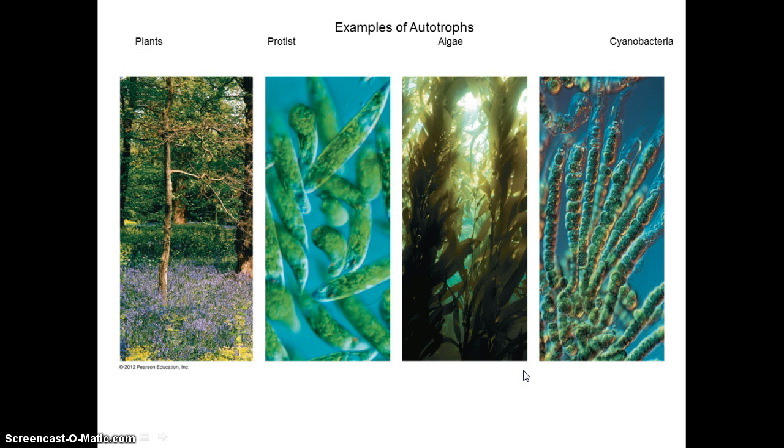Examples of autotrophs are plants, of course, single-celled or multicellular algae, and cyanobacteria. All these organisms can take light energy and convert carbon dioxide and water into organic molecules.